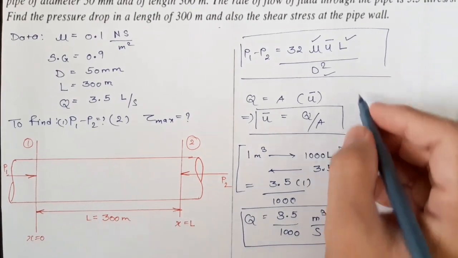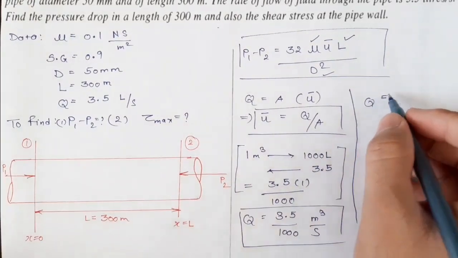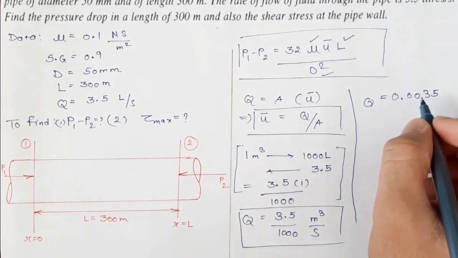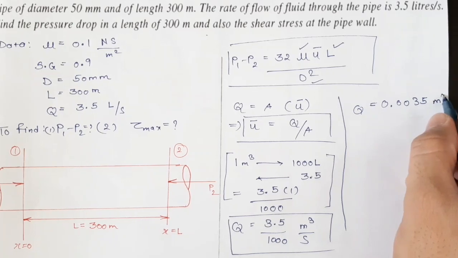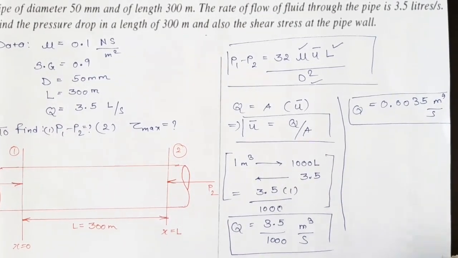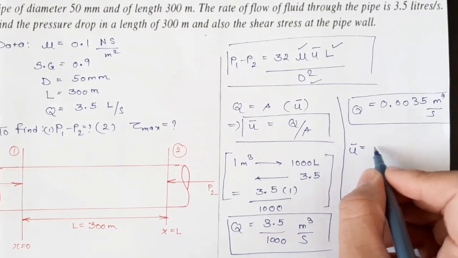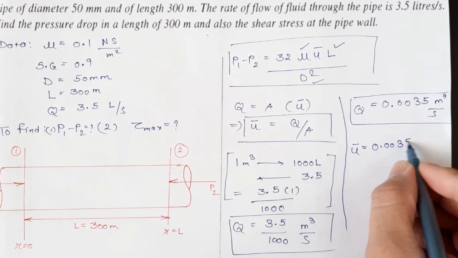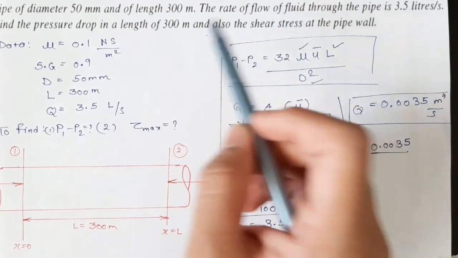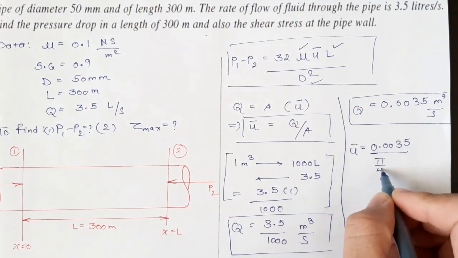If you calculate this, we get Q equals 0.0035 meter cube per second. So this is Q. If we put Q in this equation, then u bar equals 0.0035 divided by area. Now as the fluid is flowing through a circular pipe, the area of the circular pipe will be pi by 4 into d square.